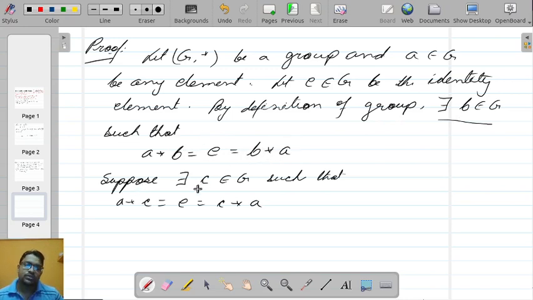Next we are supposing that another element C is there in G which satisfies the same thing. So what is our aim? We have to show that B is exactly equal to C.